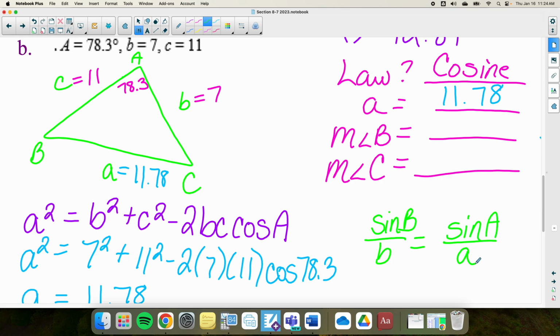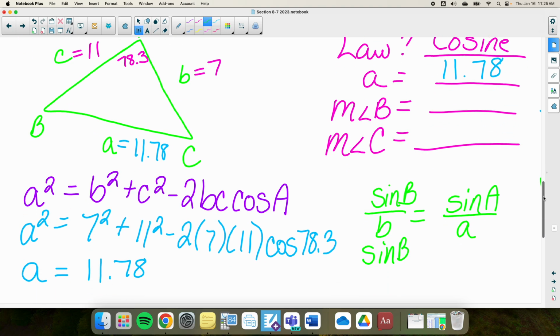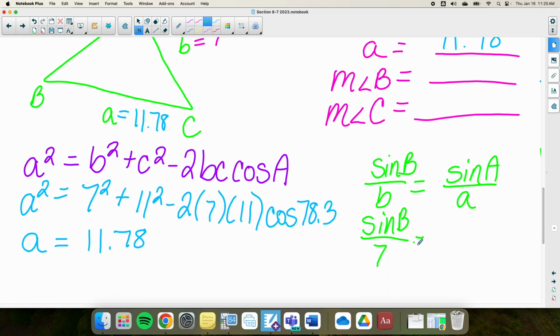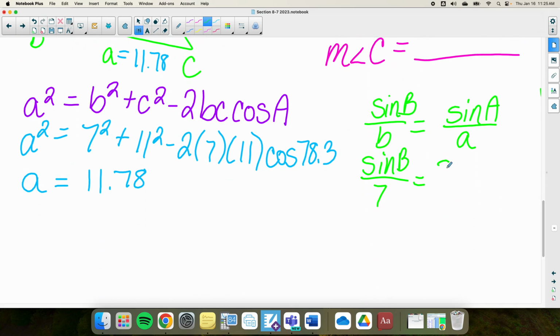And do you realize too, in this step, we could have found it using law of cosines. We could have gone into those formulas, to the second column, and found the formula for angle B. So sine of B is what we're looking for here. Little b is 7. Sine of A is sine of 78.3.